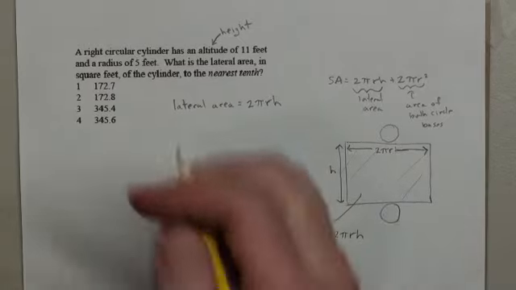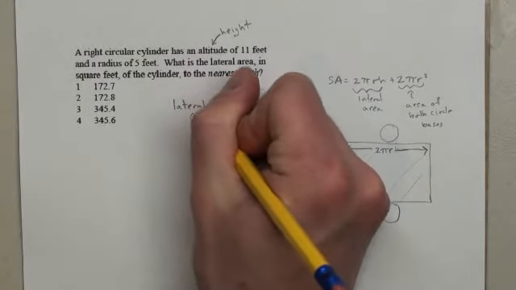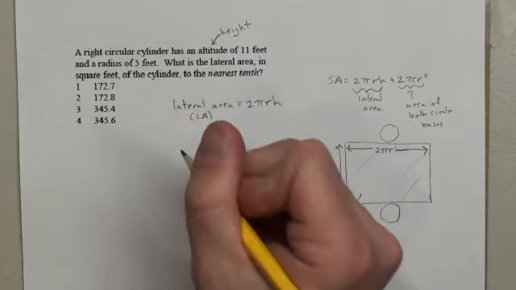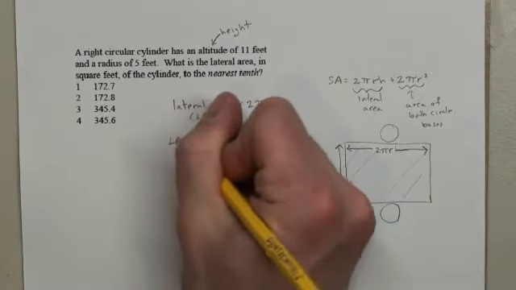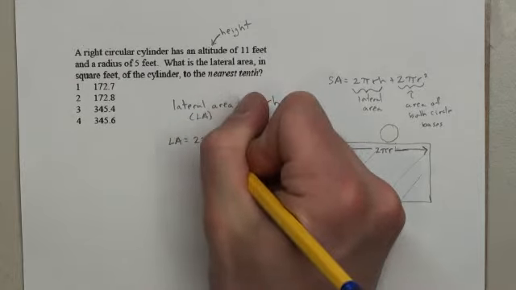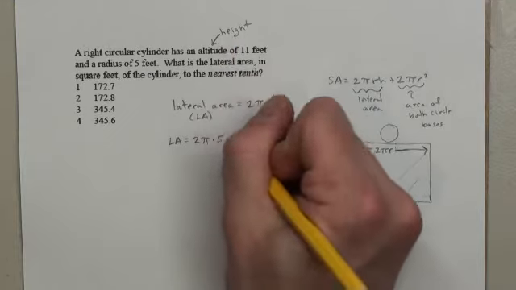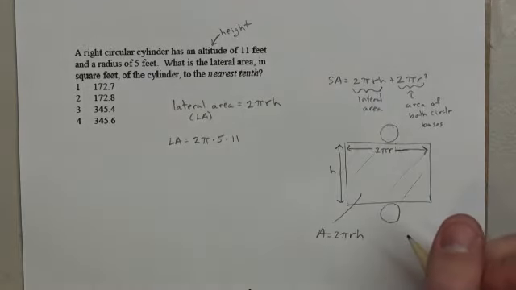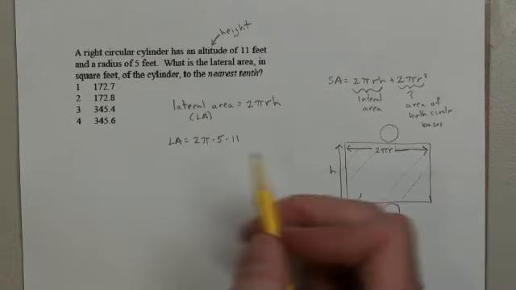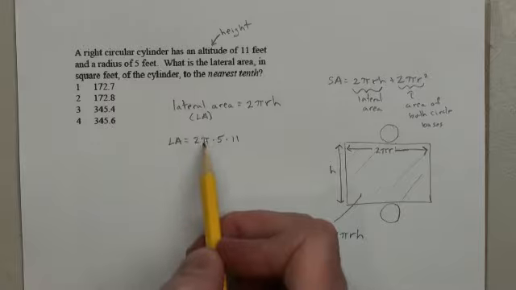So, let's just solve the problem. Let's call the lateral area LA. So LA equals 2 pi times the radius, which is 5, times the height, which is also the altitude, 11. Now, they didn't put pi in our answer, so that means we're plugging pi into the calculator.